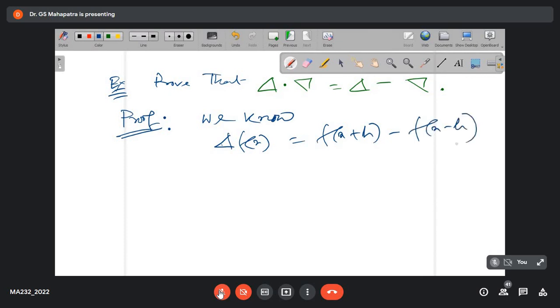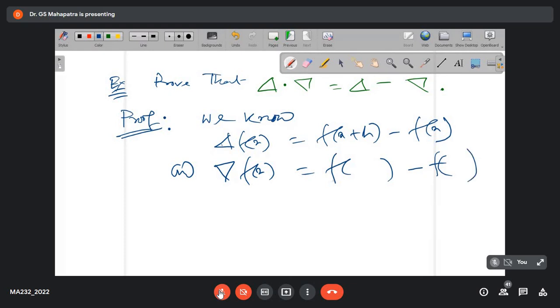And nabla of f of x is f of x minus f of x minus h. Fine, good. So now the left hand side.